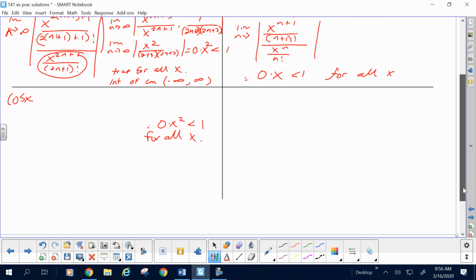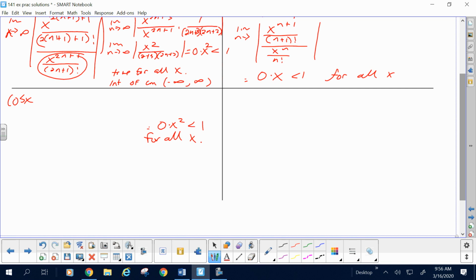Now the one that comes out differently is 1 over 1 minus x. The Maclaurin for that is the really clean, simple x to the n. Now the ratio test for this, the limit's even easier, and it looks something like x to the n plus 1 over x to the n.